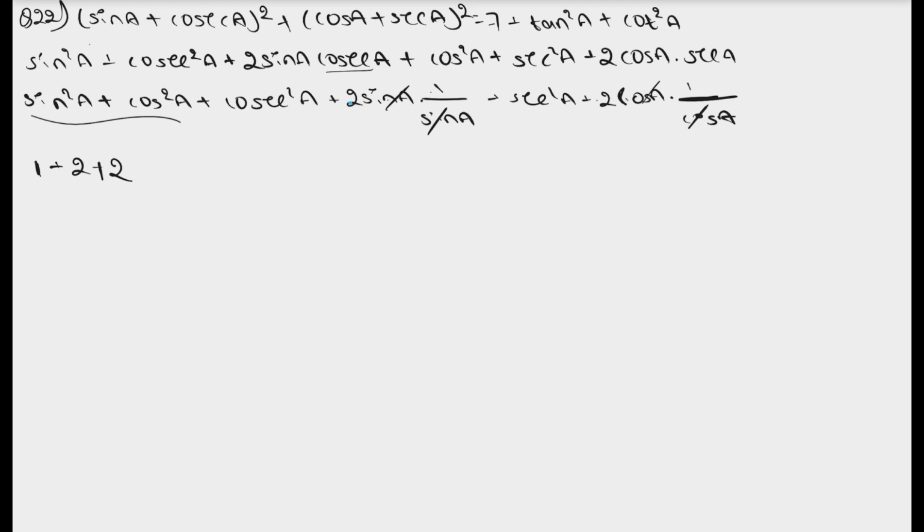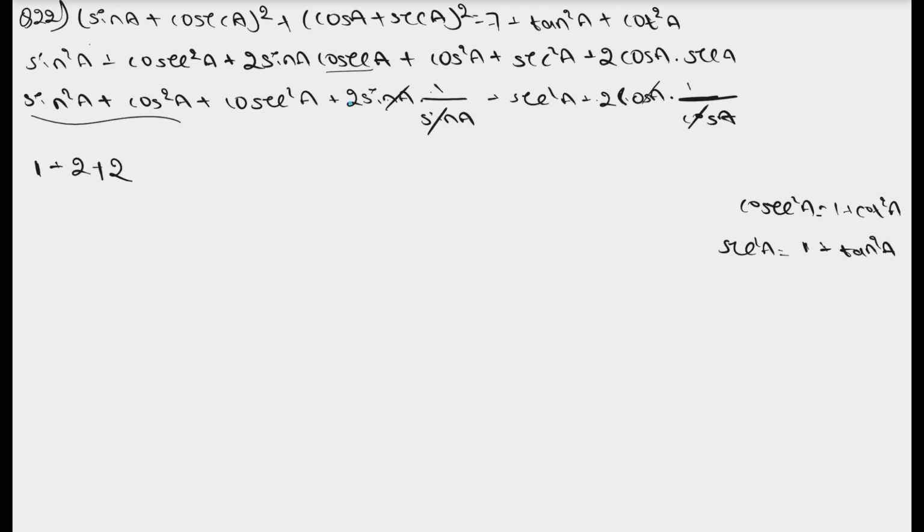And we know from our identities that cosecant square can be written as 1 plus cot square, and also secant square can be written as 1 plus tan square. Let's replace this cosecant and secant with these two identities.